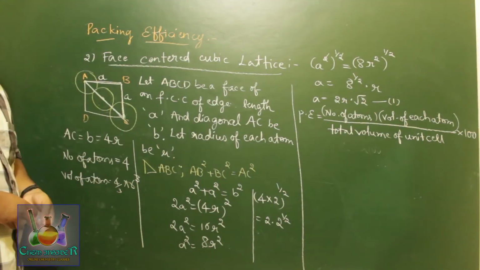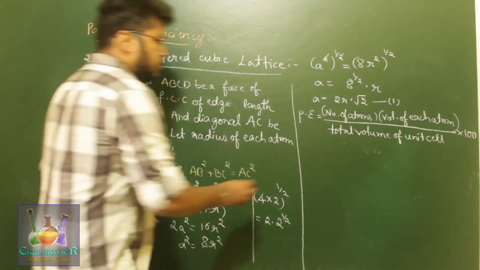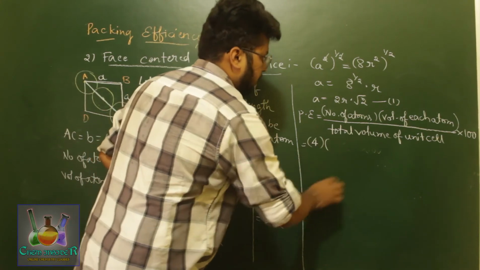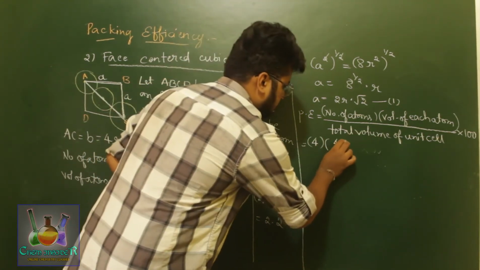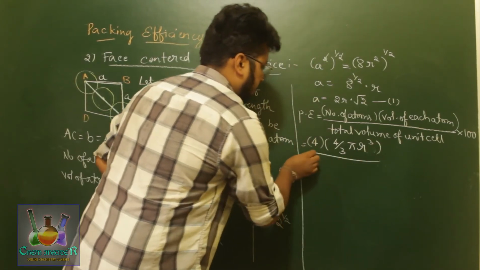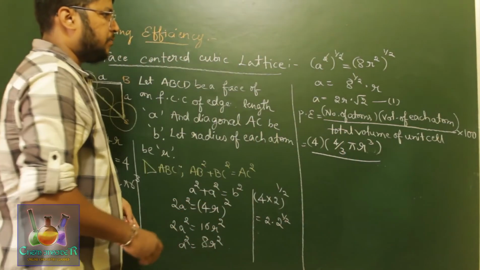Okay, now substituting those values, the number of atoms is 4 multiplied by the volume of each atom, 4 by 3 pi r cube, divided by the volume of a unit cell, a cube, into 100.